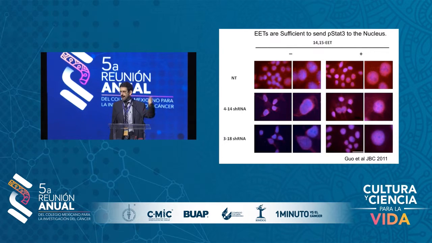When you add back the epoxy eicosahexaenoic acids, the 14-15 regioisomer type, the nuclear phospho-STAT3 is increased. And so this really was the seminal slide that led us to thinking about how to attack this problem in terms of chemical probe and also drug development.